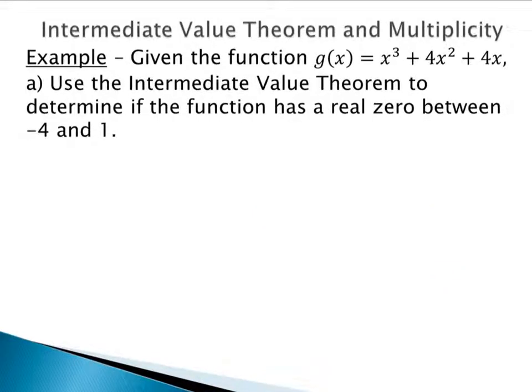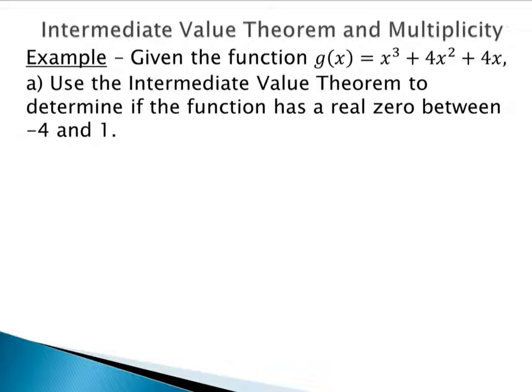So let's do an example to see how the intermediate value theorem can be used. If we're given a function g of x equals x to the third plus 4x squared plus 4x, we want to use the intermediate value theorem to determine if the function has a real 0 between -4 and 1. Going back to our theorem, in order for there to be a real 0, when we find the function values g of -4 and g of 1, we should get opposite signs, right?